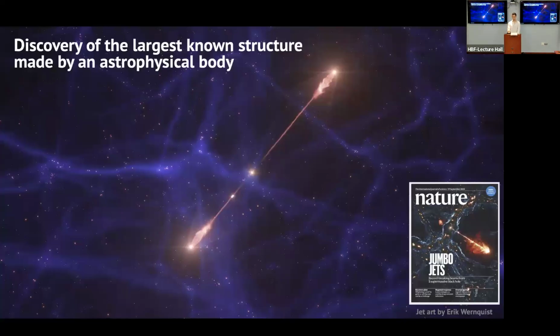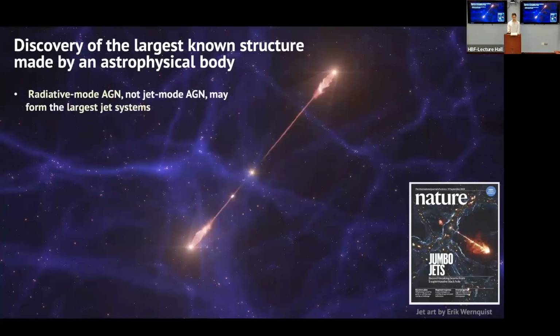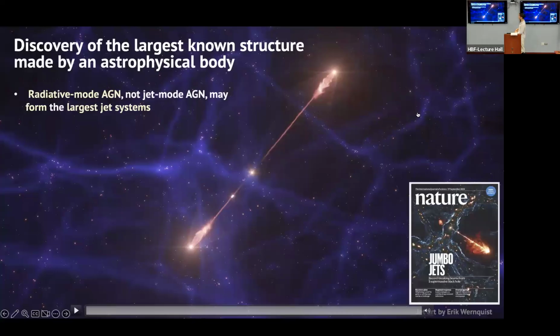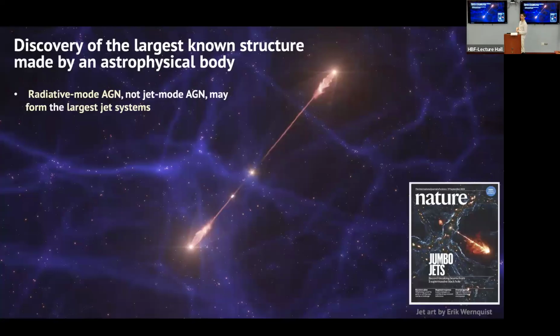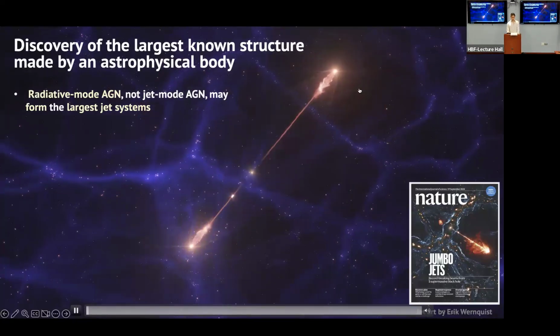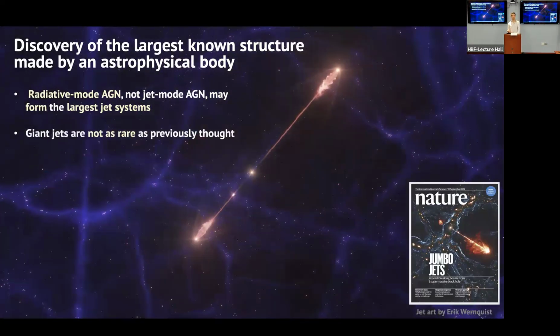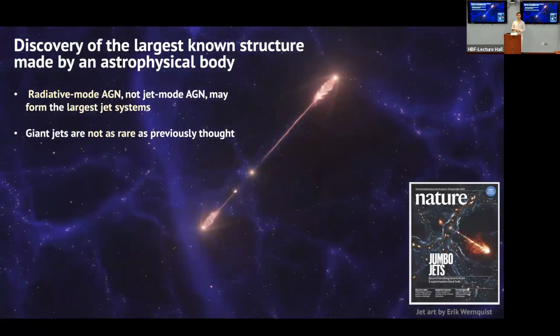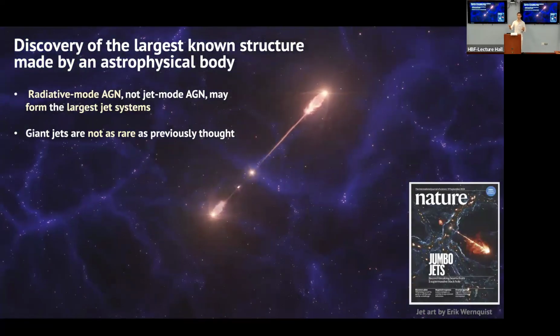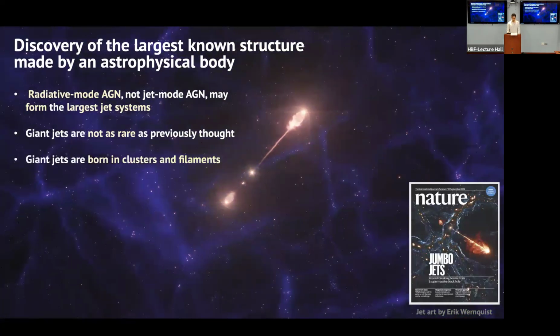So yeah, that's what I wanted to say. Here's a summary. Actually, quasar-like AGN, rather than those jet mode AGN, may form the very largest jets. Those giant jets are not as rare as we previously thought. We were just limited by the surface brightness of our radio telescopes.